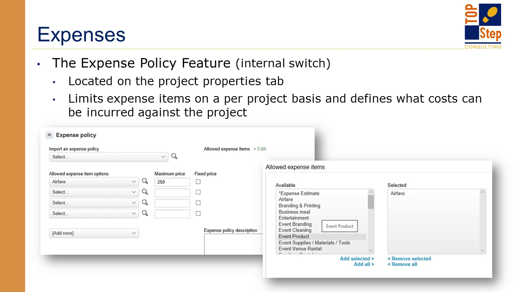So in this example, you see that we are limiting users on this project to entering an expense against the project for airfare no higher than $250. So this feature maintains control, prevents time spent on rejecting and correcting expenses, and delaying the invoicing process.